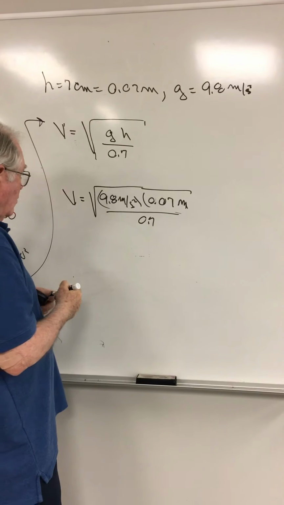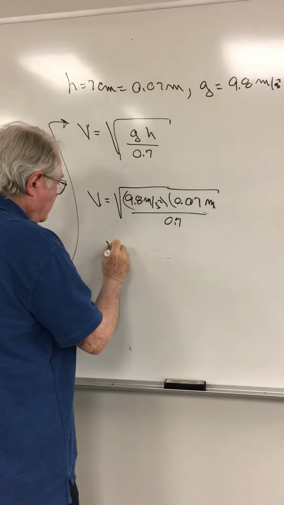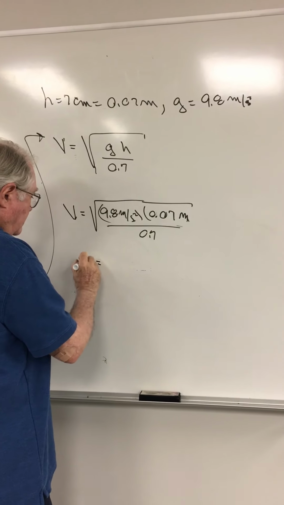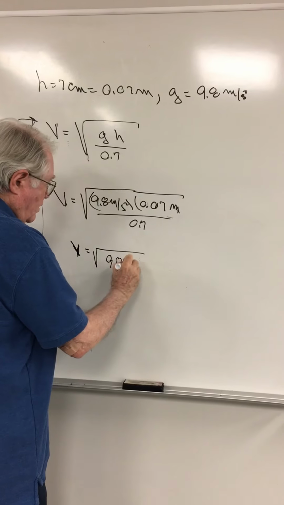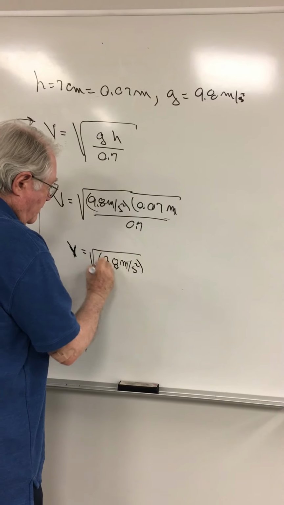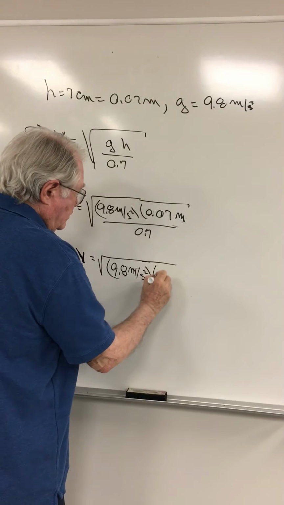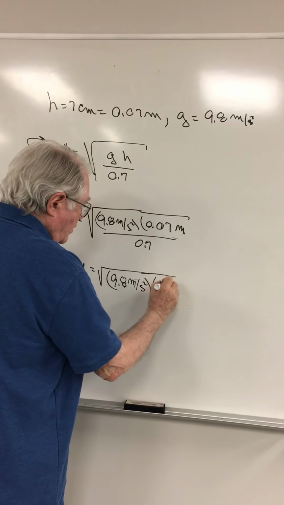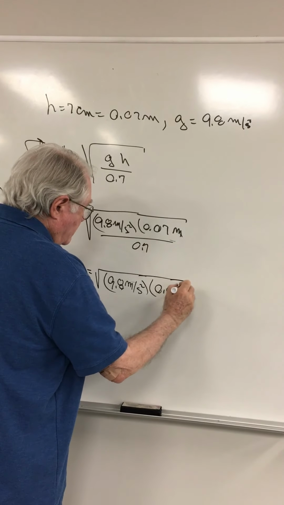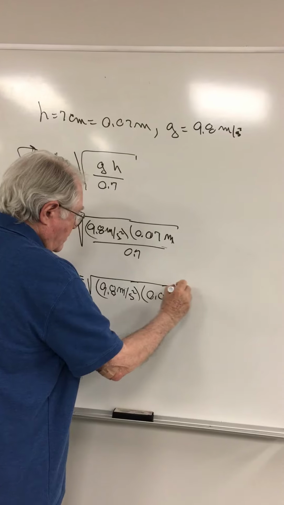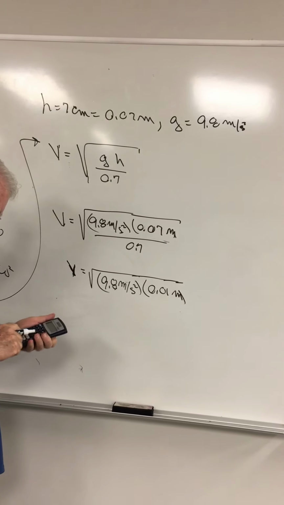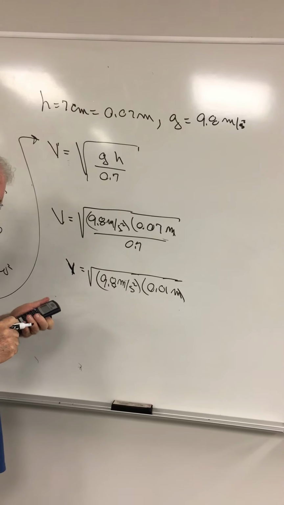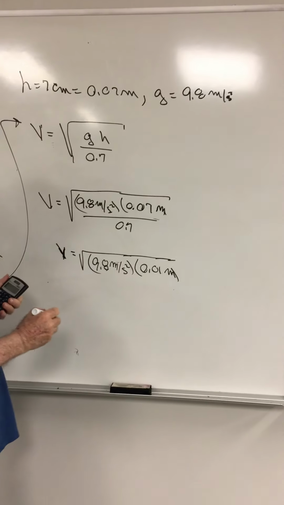That comes out to be 0.1 times 9.8 meters per second squared, and 0.1 times 9.8 comes out to be 0.98.